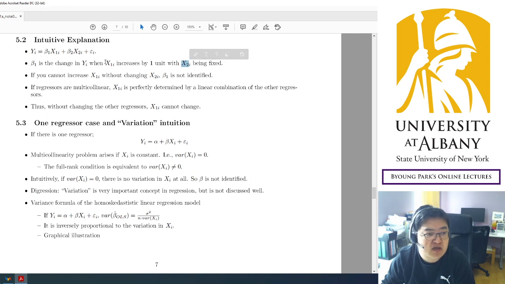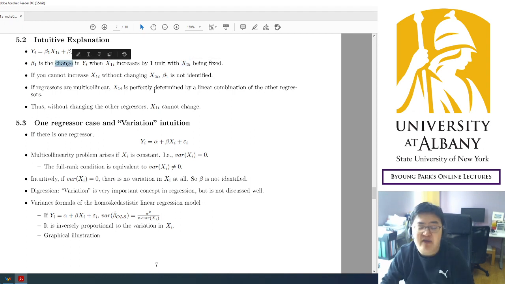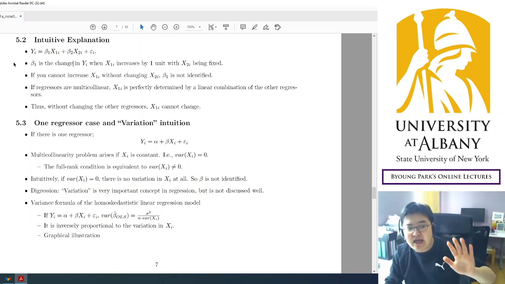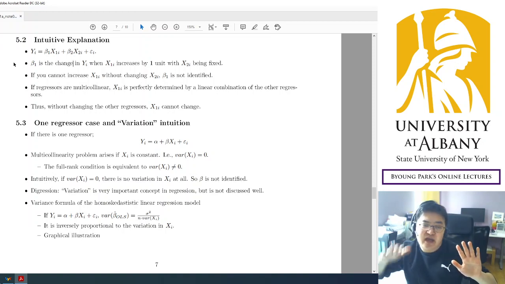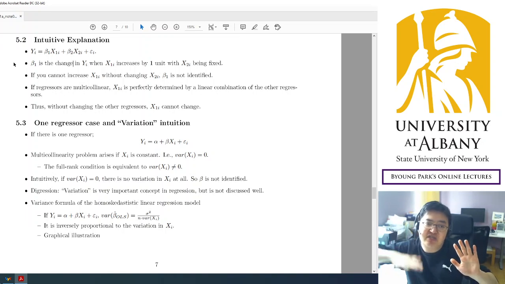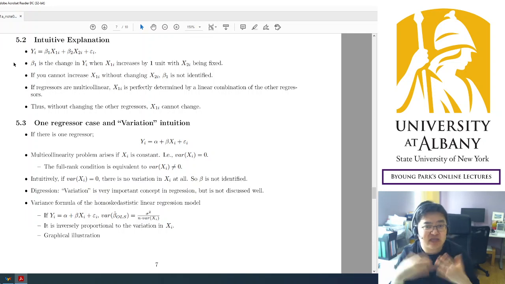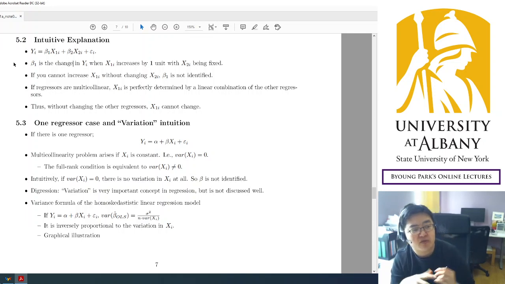And if you could do experiments, say, suppose that you are a scientist and you could do a random experiment, what you want to do here is fix x2, control x2, and see what happens when you change x1 around, and see what happens to y. That's what you want to do. We do not do the experiment, but we would like to observe something similar from the data.